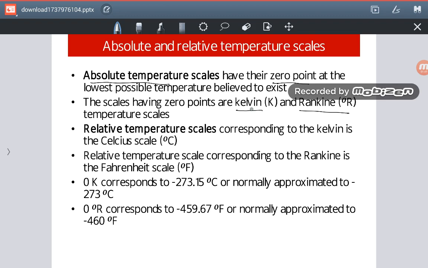And for Kelvin, the corresponding relative temperature is Celsius, and for Rankine is Fahrenheit. 0 Kelvin is also negative 273 degrees Celsius, while 0 degree Rankine is also similar to negative 460 degree Fahrenheit.